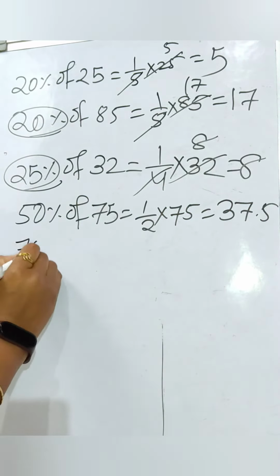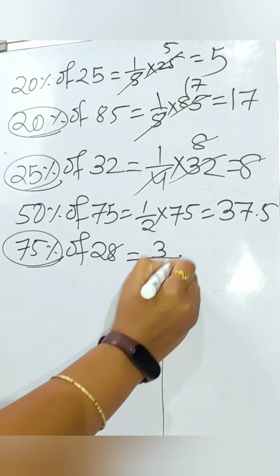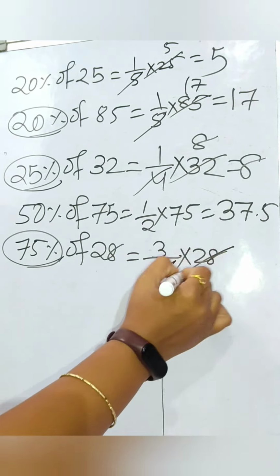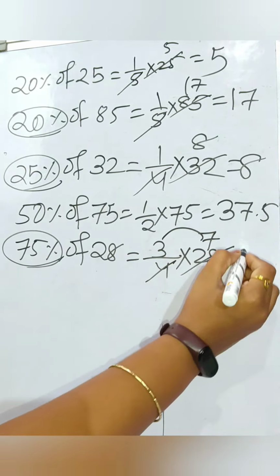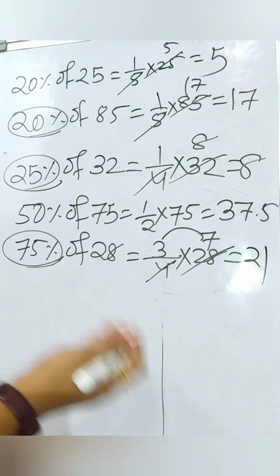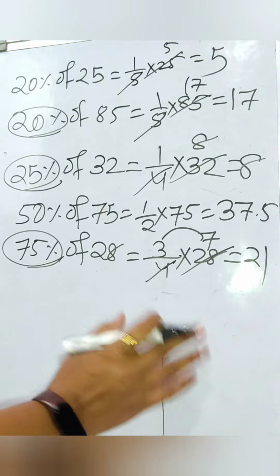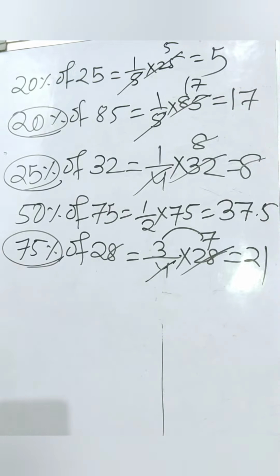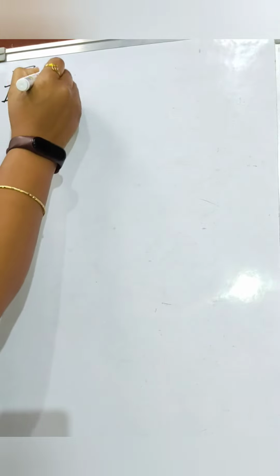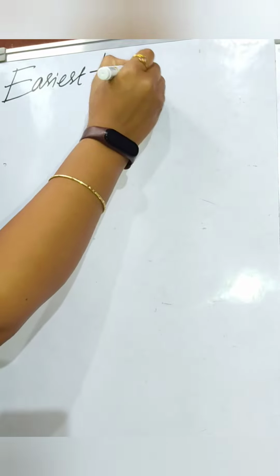Next, 75% of 28. We know that 75% is equal to 3 by 4. So 3 by 4 into 28, 4 sevens are 28, 7 threes are 21. So see how easily we can do this. Orally also it is possible without using any pen and paper. Once you get the tricks, you can achieve it. Now let's go for some more easy tricks of percentage.